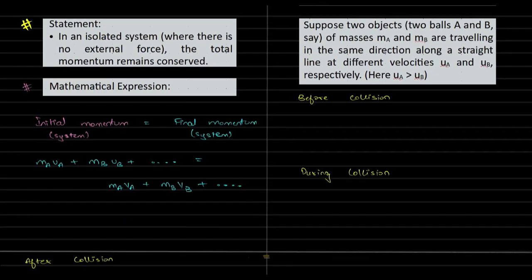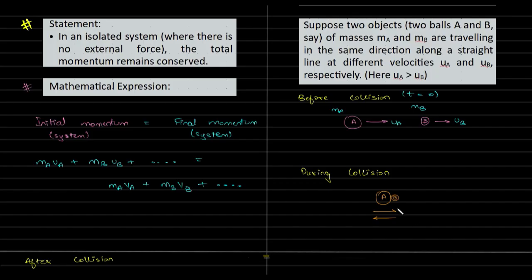So before collision, what is it that we are looking at? We have object A and object B having velocities of UA and UB. The mass of this is say MA, this is MB. This is your initial scenario, basically at t equal to 0. And at some point of time, there is a collision of these two objects. So they exchange some kind of force, right?